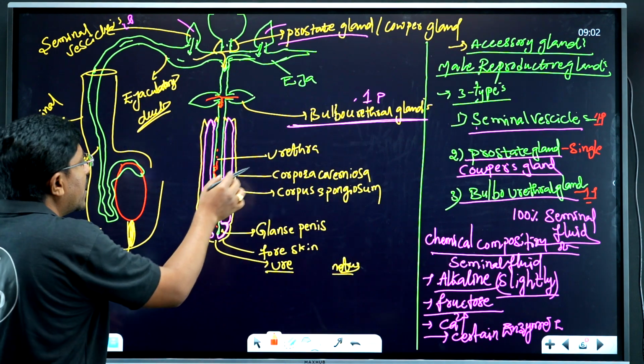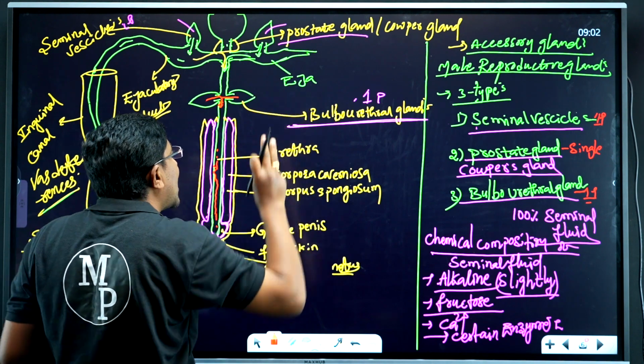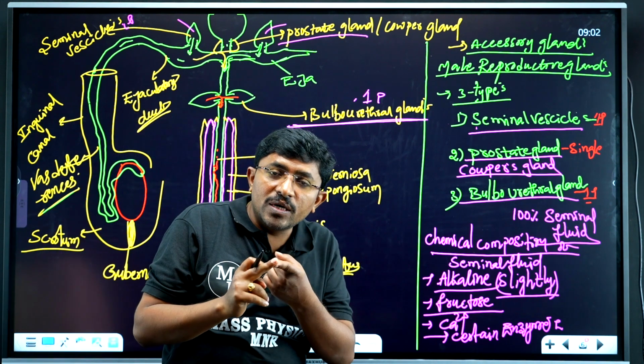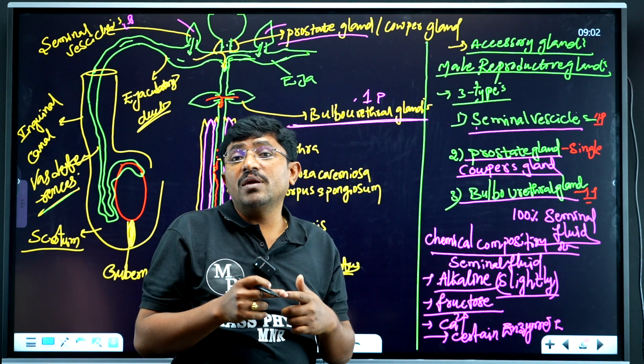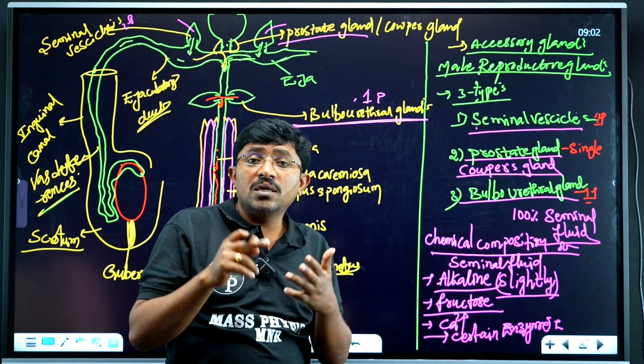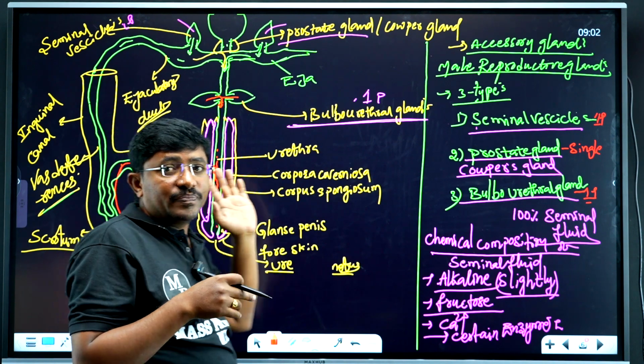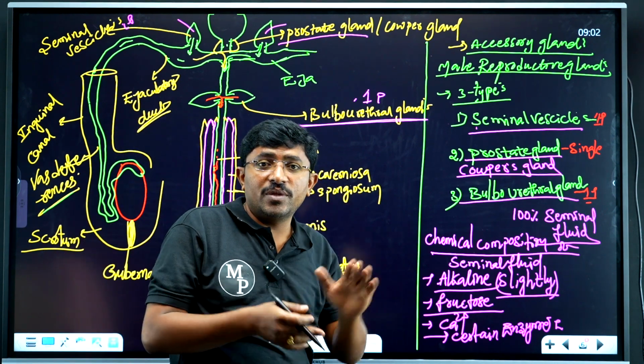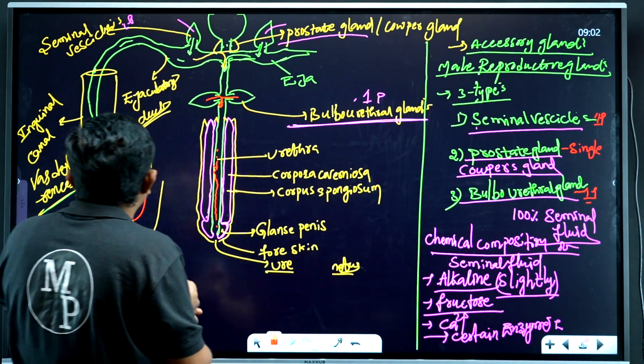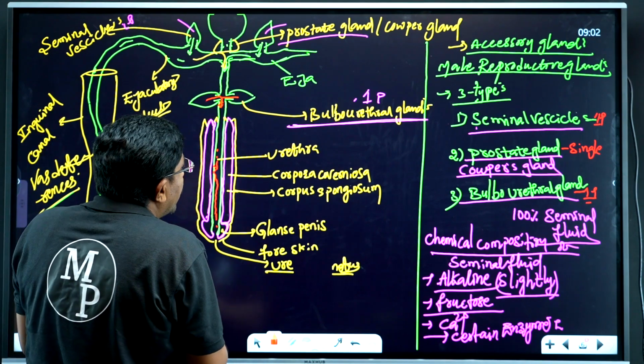So the bulbourethral glands have two functions: contribution to the seminal fluid, and protecting the inner lining of the urethra.